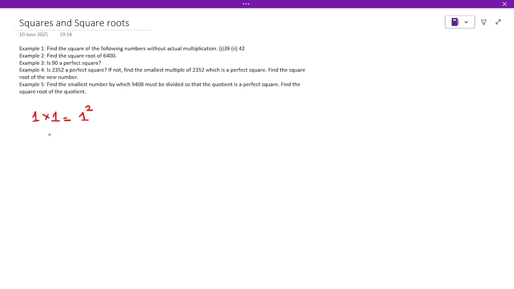And similarly, you take another number 2. If I multiply this number with 2 again, I am getting 4, right? So this 4 is written as 2 power 2. Similarly, you take another number 3 and multiply with the same, then you would get 9, and this 9 can be written as 3 power 2, right?